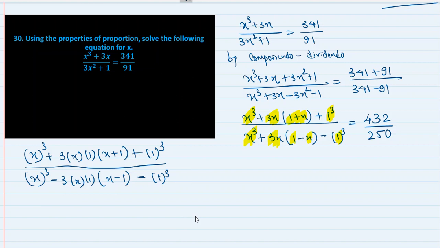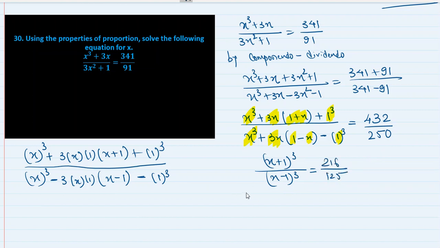This is the identity of a plus b the whole cube and a minus b the whole cube. So this will become x plus 1 the whole cube upon x minus 1 the whole cube. If you cut this by 2, you will get 216 upon 125.